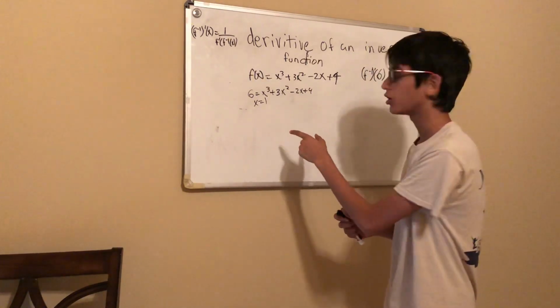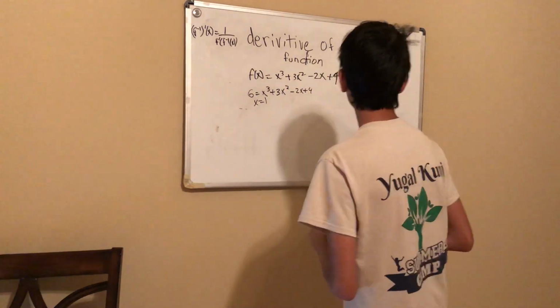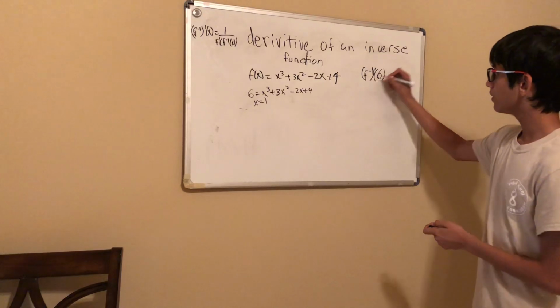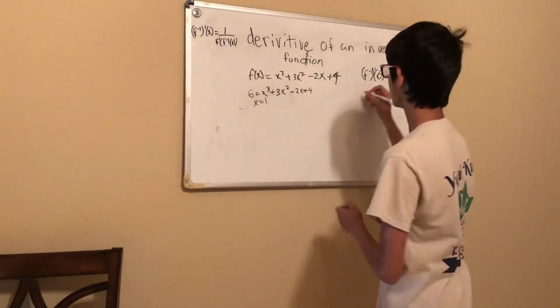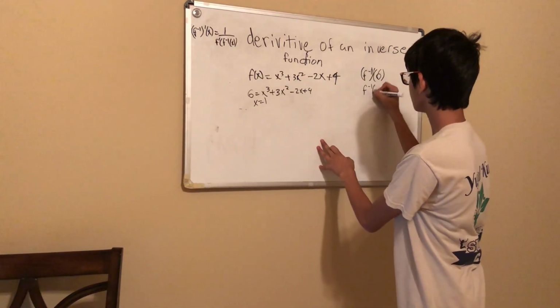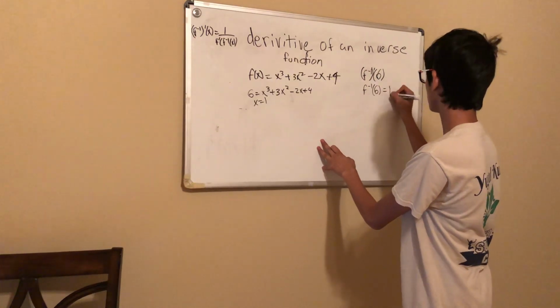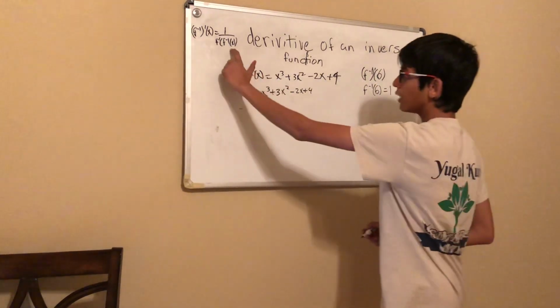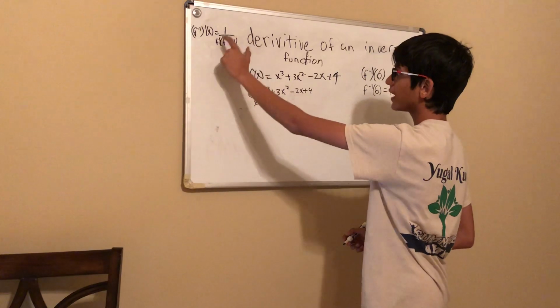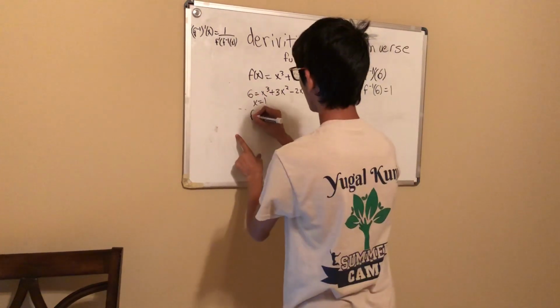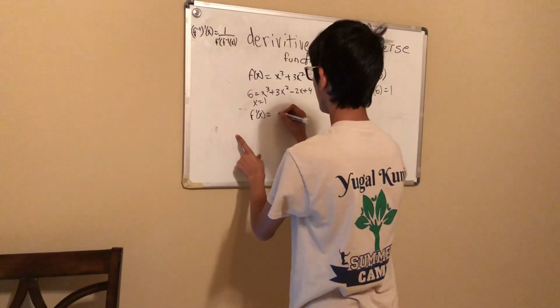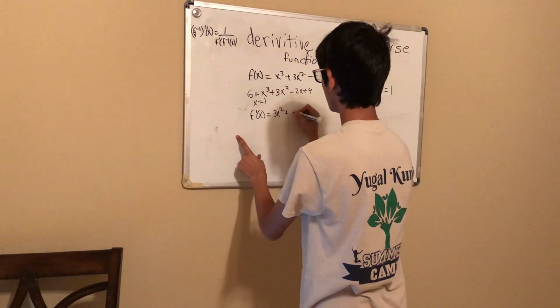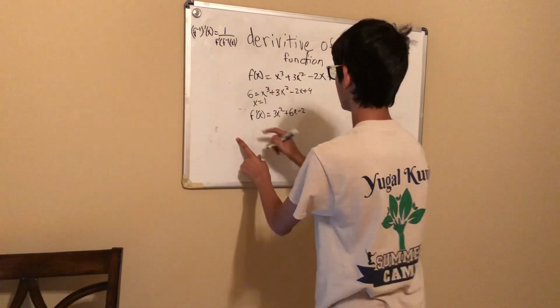Regardless, you get x equals 1 if you just plug in, right? So f inverse of 6 equals 1. So now we know this part. Now we just need to find f prime of x, right? So f prime of x equals 3x squared plus 6x minus 2, right?